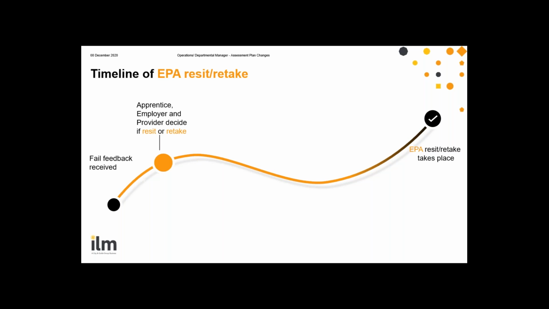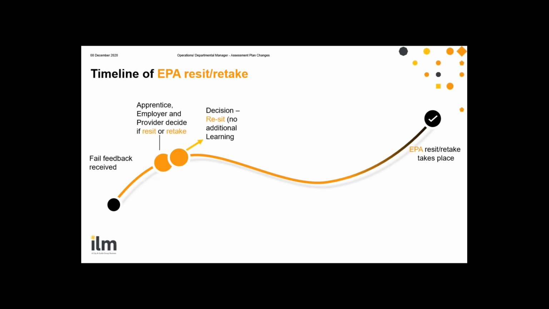Now, there is a clear difference that is explained in the assessment plan between a receipt and a retake. First of all, a receipt is when no additional learning activity is required, while a retake requires additional learning to take place.